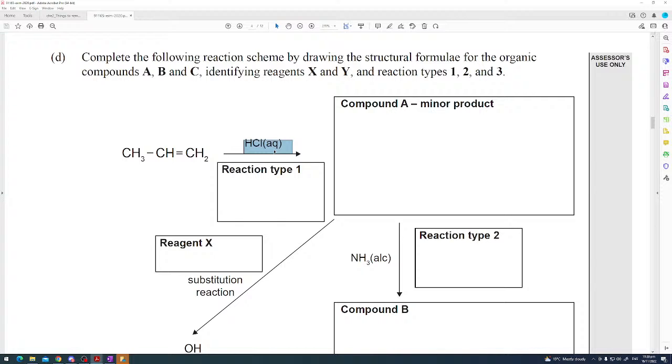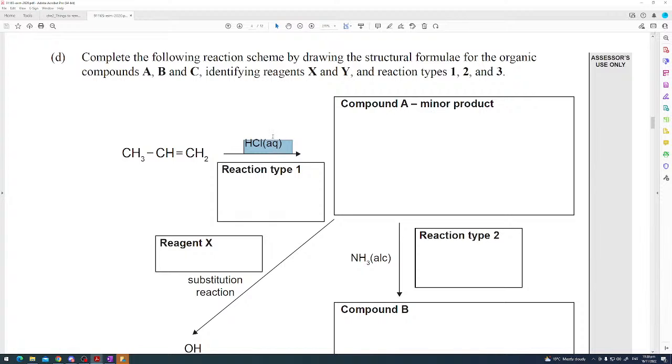So this is where there's a big difference here. You see they put HCl (aq). They did not say HCl/water. And there's a big difference here. Okay, so with HCl (aq), you are going to go to the haloalkanes, because they're emphasizing the importance of HCl here.